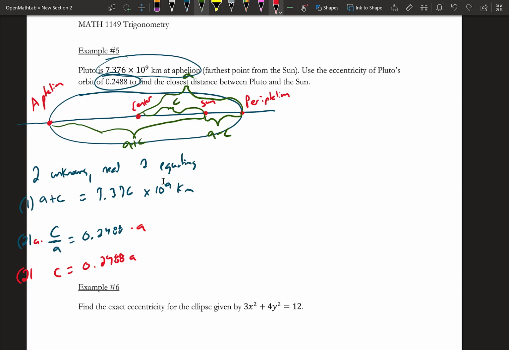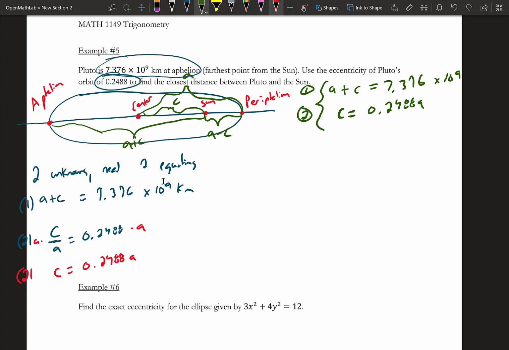So basically we have a system of equations that we want to solve, which is a plus c equals 7.376 times 10 to the 9th, and c equals 0.2488a. Right, so I'll call that equation 1, that equation 2. So I think the easiest thing to do would be to solve this by using substitution.